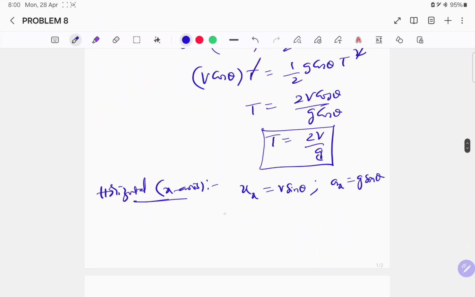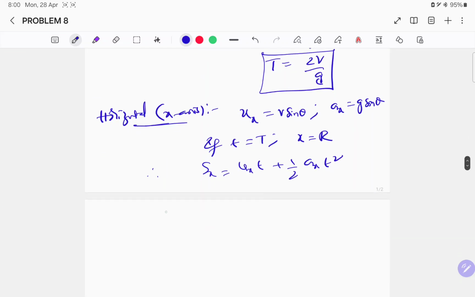Obviously, if t equals capital T, x is equal to range. Therefore Sx is equal to ux t plus half ax t square, the second equation of motion along the x-axis. If I write capital R, ux is v sin theta into t, capital T, plus half ax, which is g sin theta, into t square.